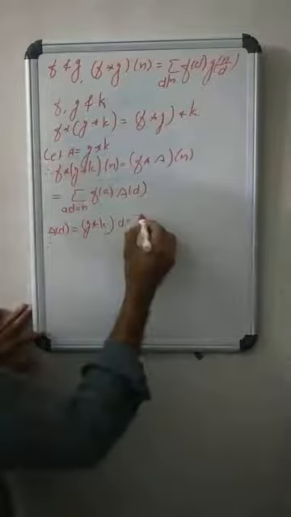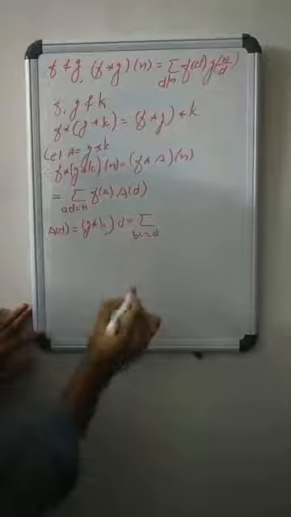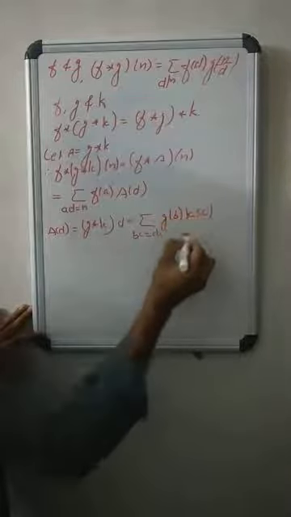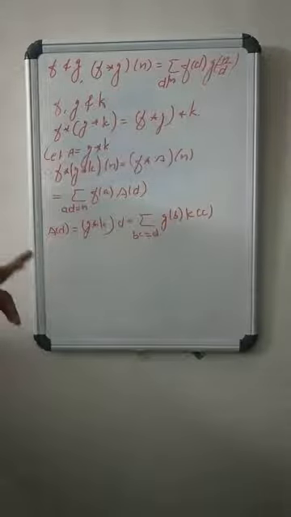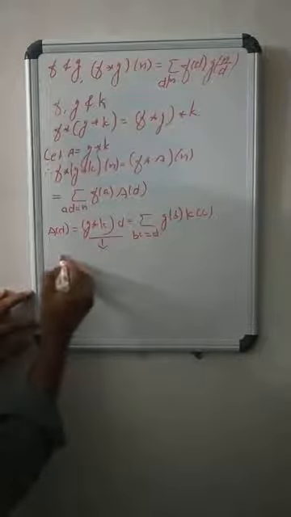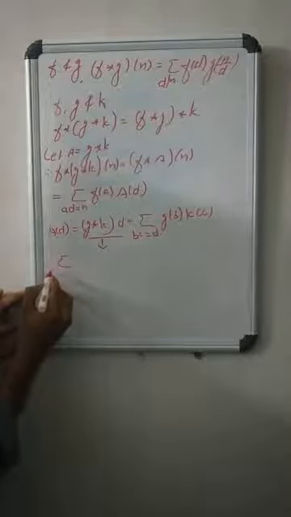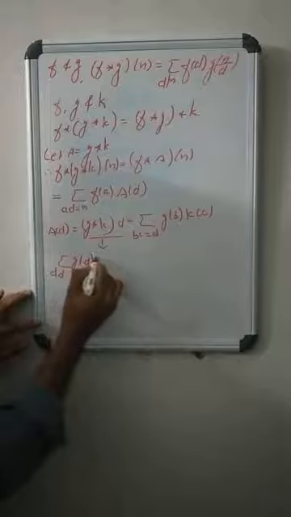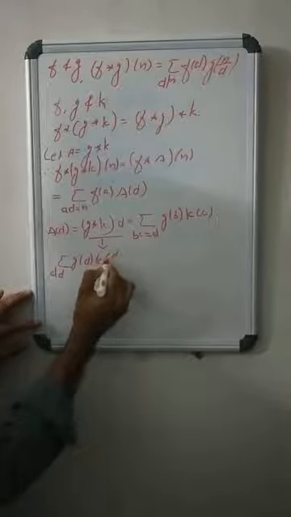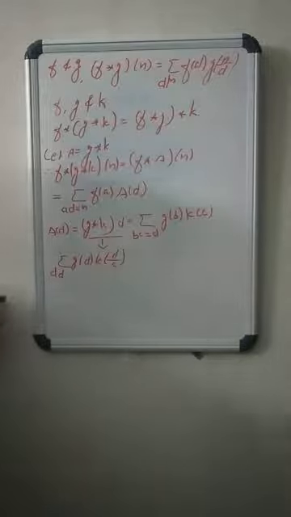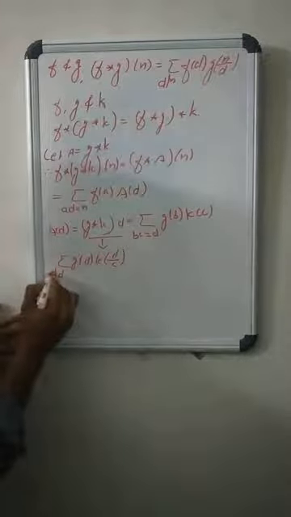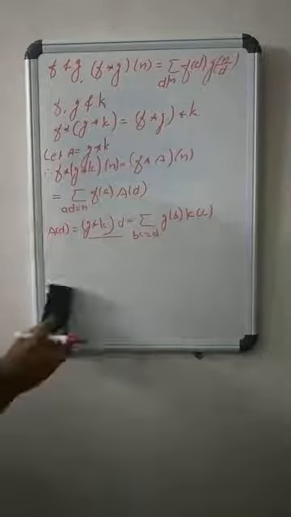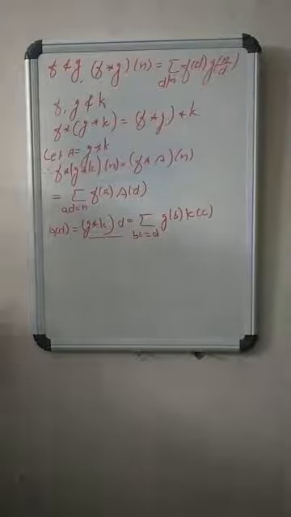What is (g star k)(d)? By the definition, (g star k)(d) equals the sum over bc equals d of g(b) times k(c).